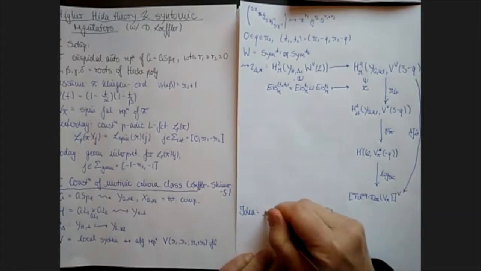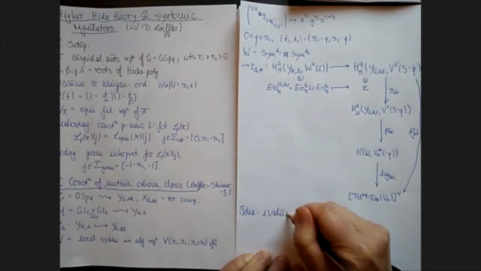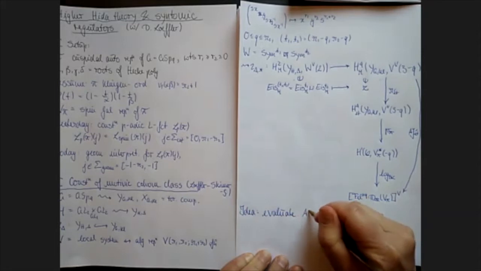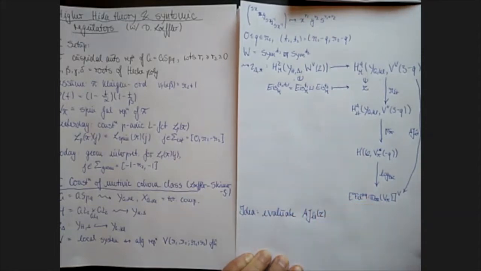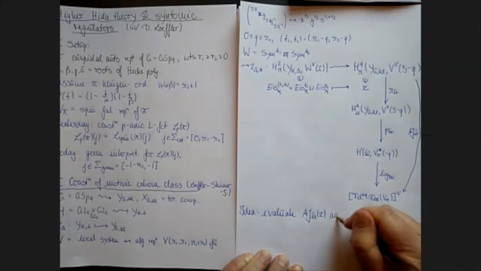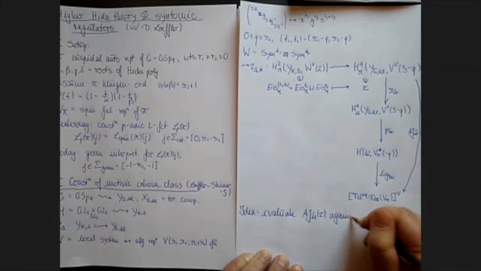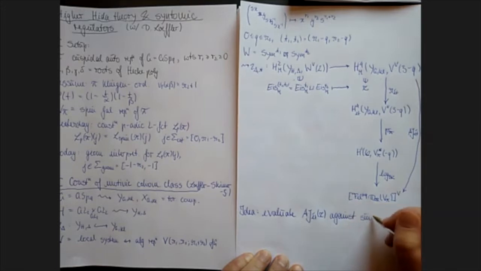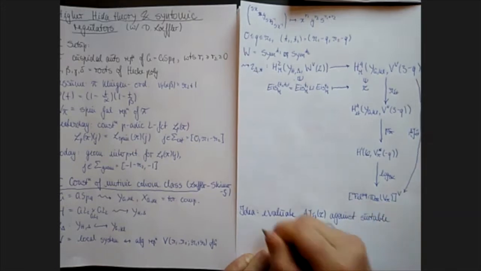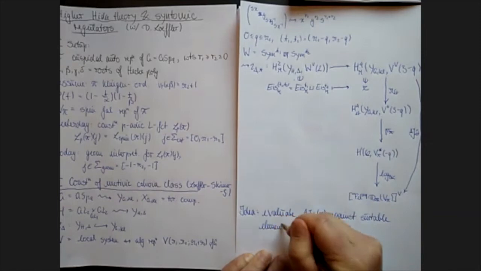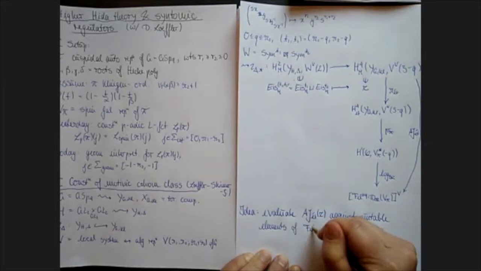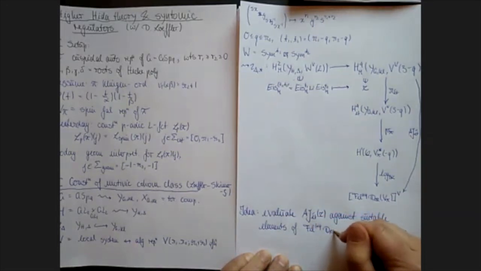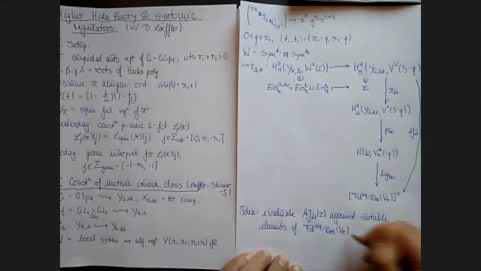The idea is to evaluate the image of the class Z under the Étale-Abel-Jacobi map against suitable elements of Fil^{1+Q} of D de Rham of V pi.